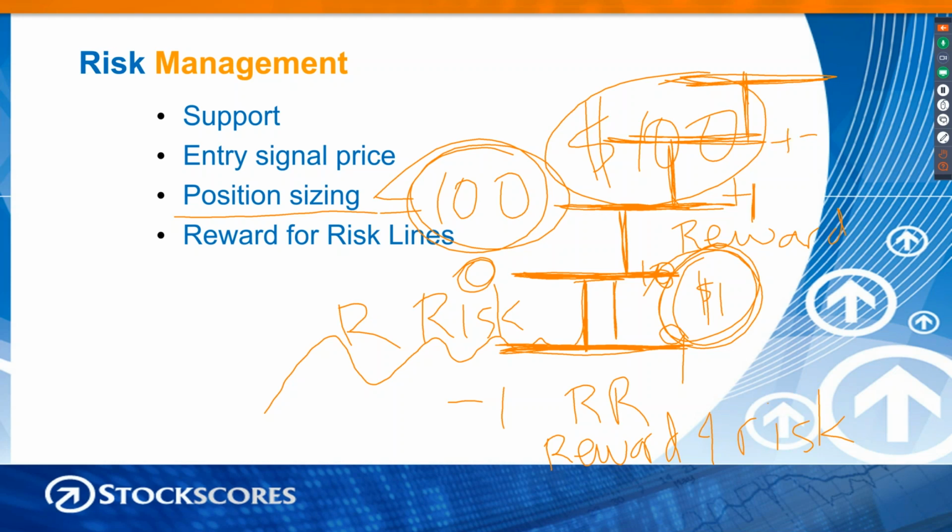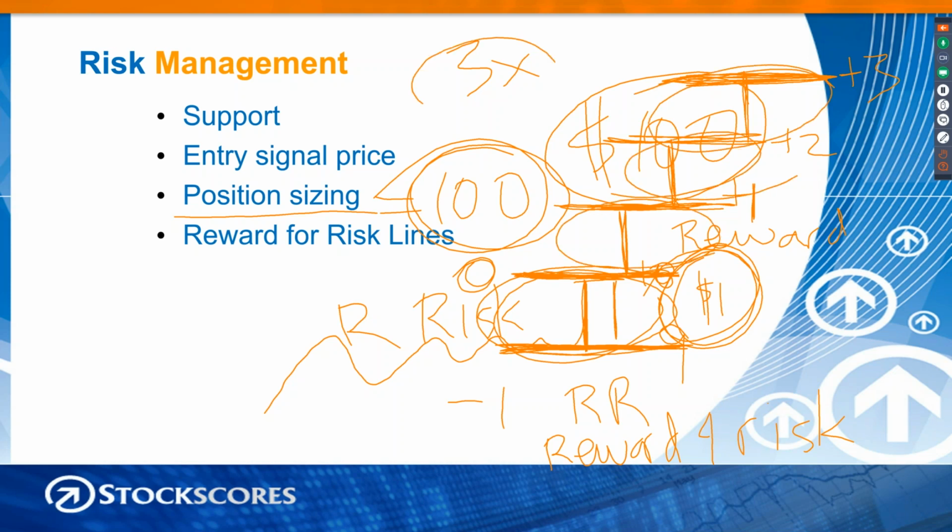Here we are at +2 RR, and here we are at +3 RR. What that means is that if the stock goes up to this point, we are making 3 times our risk. Because this was our risk, and we've got reward times 1, times 2, times 3. We're making 3 times our risk. That is the risk-reward ratio, and these are the risk-reward lines.